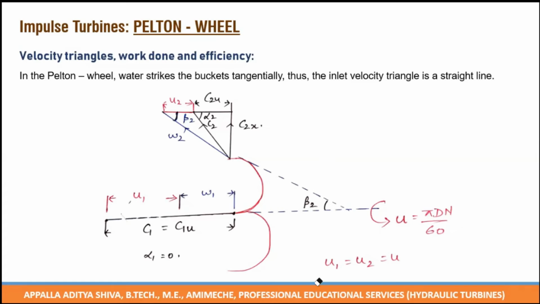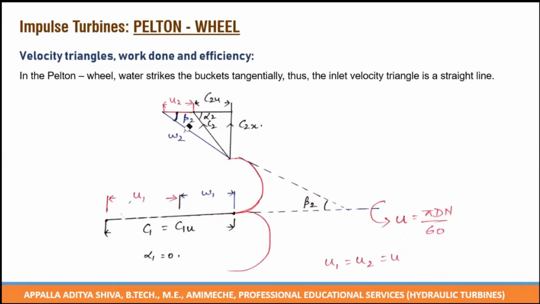Therefore, we have U1 and U2 to be the same U. U is given by this relation, pi D N by 60.